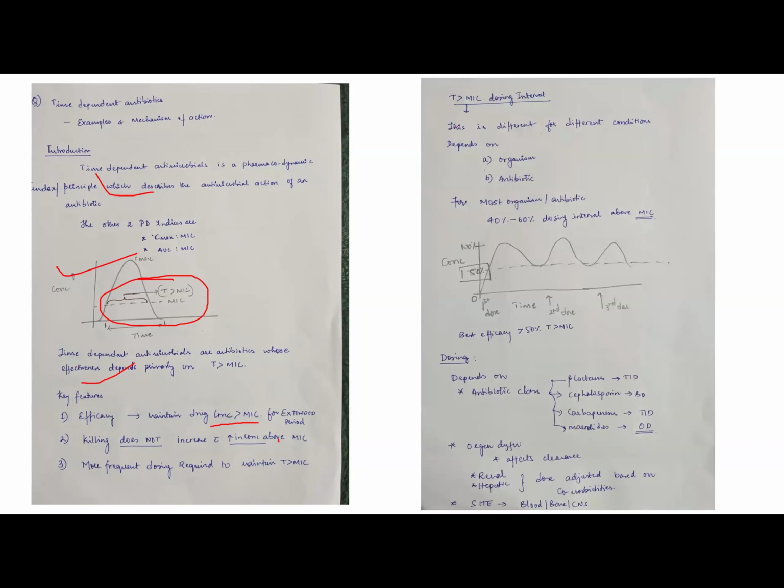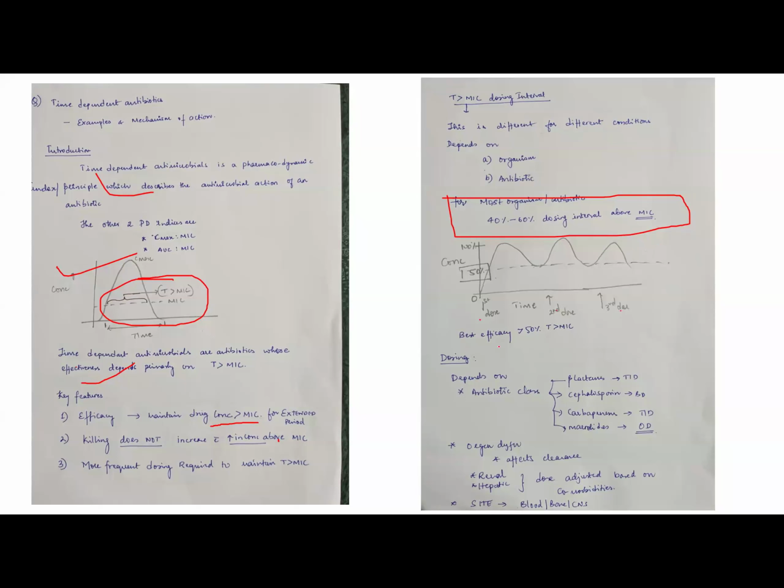Coming to the dosing frequency, what does it depend on? We are speaking about 40 to 60% of the dosing interval above the MIC. So the first dose, second dose, and third dose; speak about the loading dose as well here. If we mention this, the effective drug which remains above the MIC value will be higher, and that will help us have better antimicrobial activity.